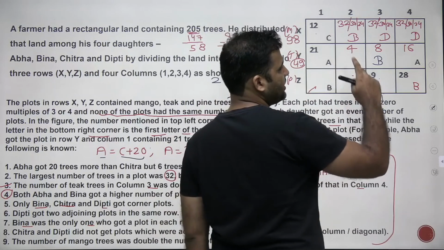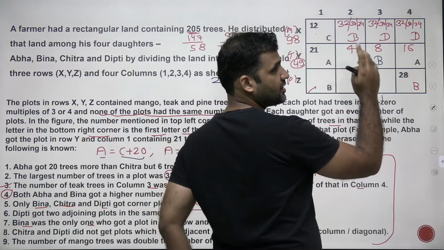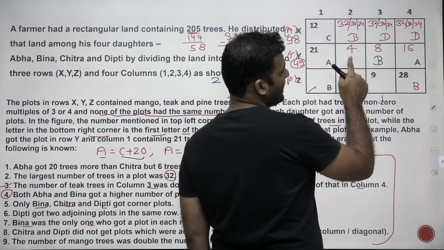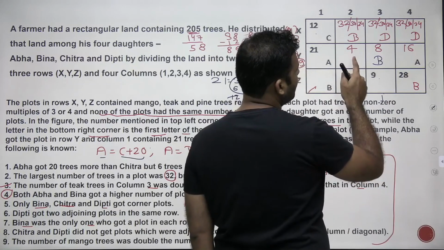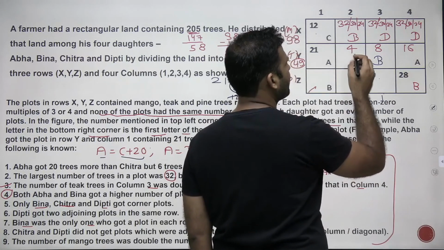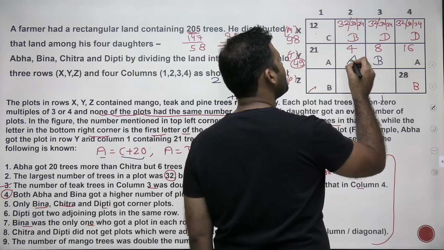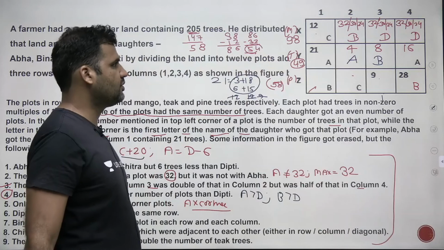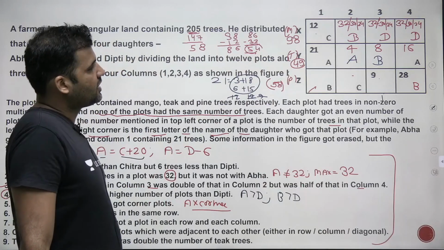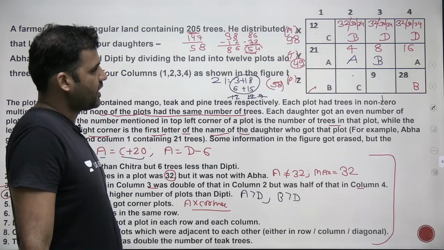Because it is given that C and D are not in adjacent row or column. So if I assign this to C, C and D will be adjacent, right? So B cannot come here, C cannot come here, D cannot come here. The only option left for me to assign this plot is to give it to A, right? So this plot must belong to A.